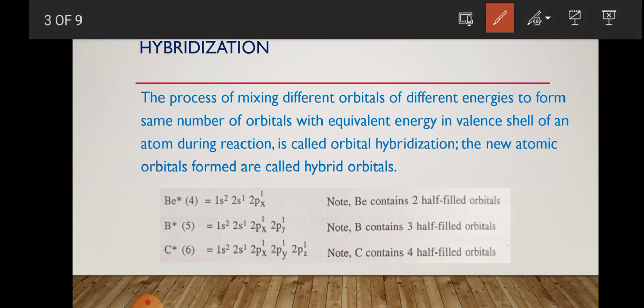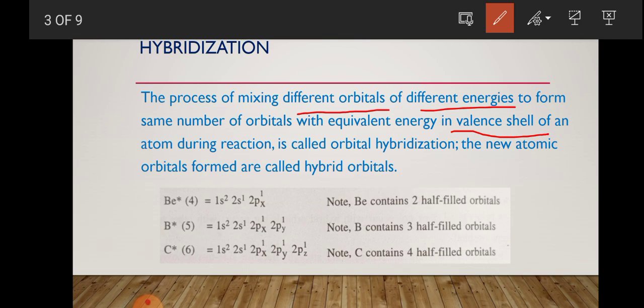When the orbitals are mixed, they have different energies, and these orbitals are present in the valence shell, and when new orbitals are formed, they have equal energies and an equal number of hybrid orbitals are formed.